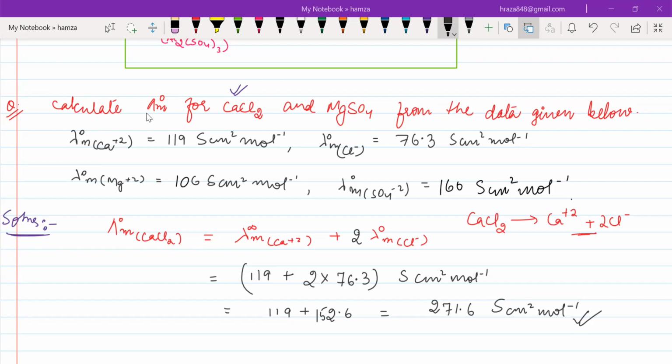Let me know when you are done with this. Okay, please let me know the answer of lambda naught m for MgSO4.